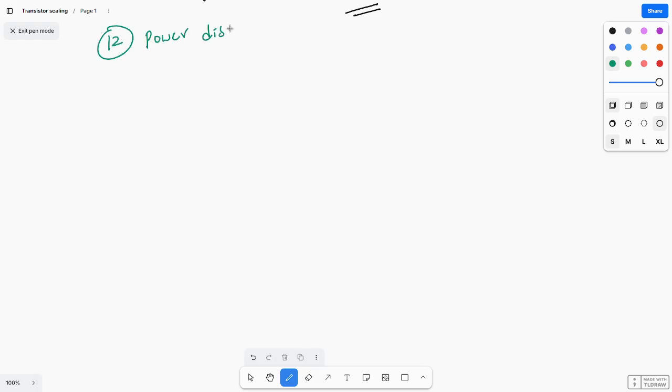Power dissipation per gate is Pg. So Pg you can write as power with respect to gate to source plus power with respect to gate to drain.